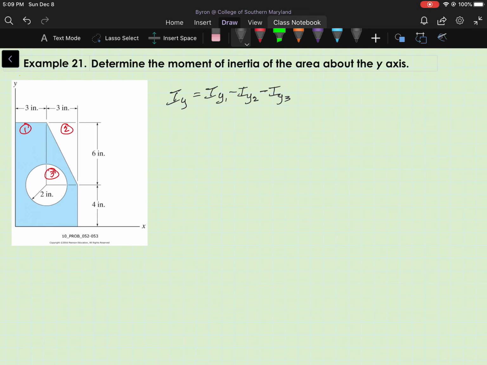And I'm going to need to calculate I sub y1, I sub y2, I sub y3 individually, and then do that summation.